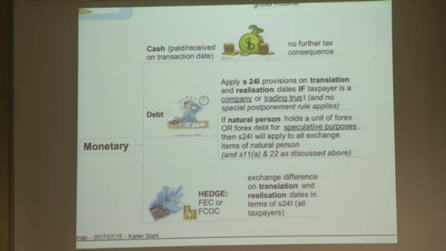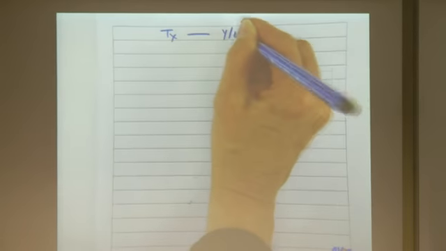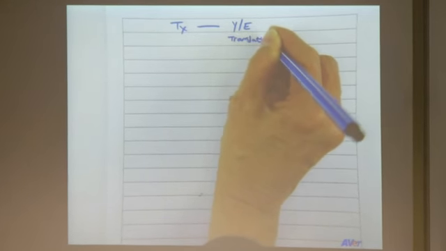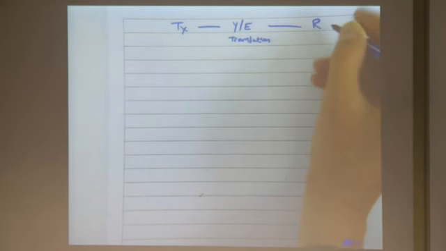So when we do exchange differences, we're always going to start with transaction date, and then if I have a year end before I pay it, I'm going to have at year end what we call a translation date difference, and then when I finally pay it, we call it realization date.